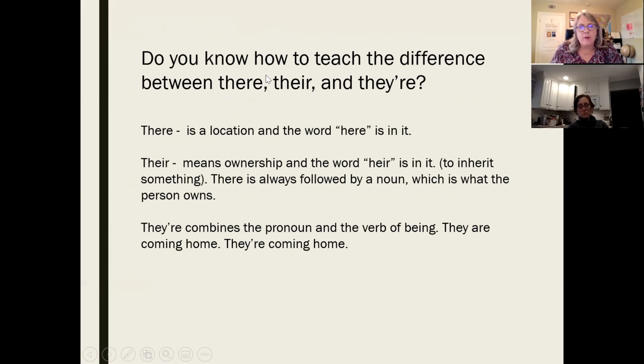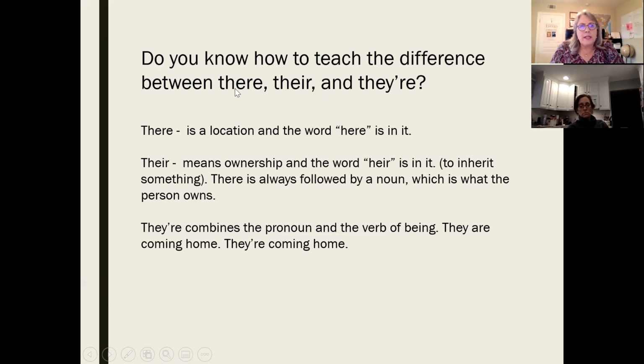Here, there, everywhere. It's a locator. They're going over there. And then their is an ownership word because it has the word heir in it. Like if you were the heir to the throne, you're going to own it. You would own the throne when the king died. So their is an ownership word.